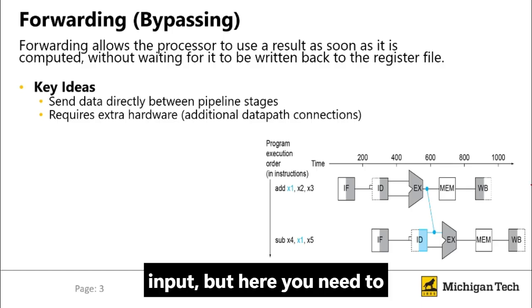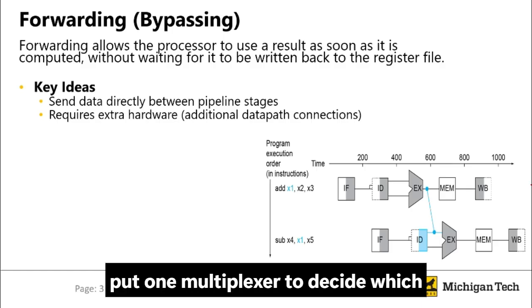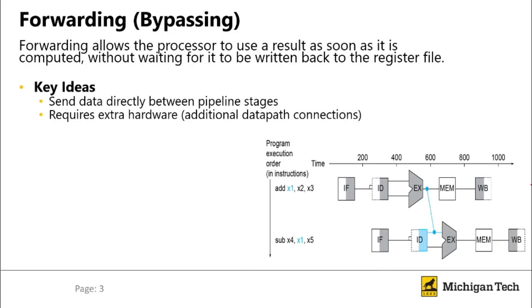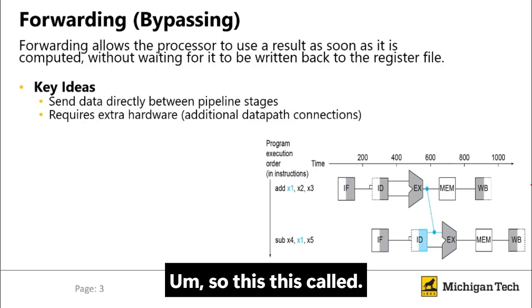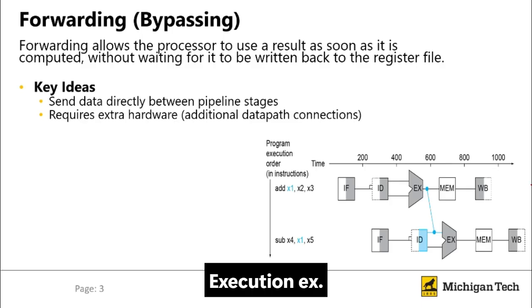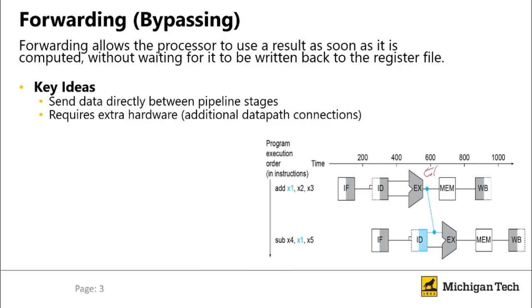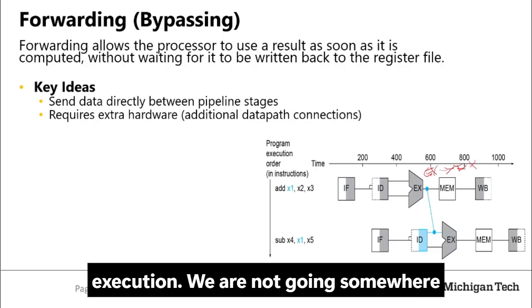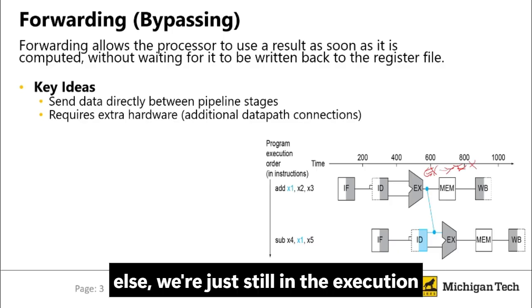Here you need one multiplexer to decide which one goes inside. This is called EX to EX. As you can see, we go from execution to execution. We are not going somewhere else. We are still in execution.